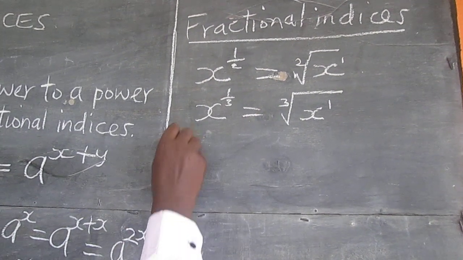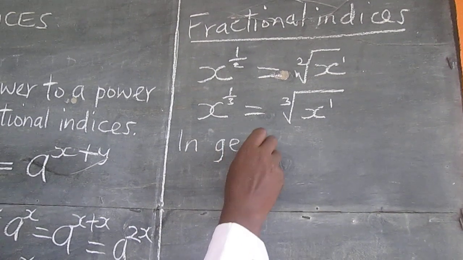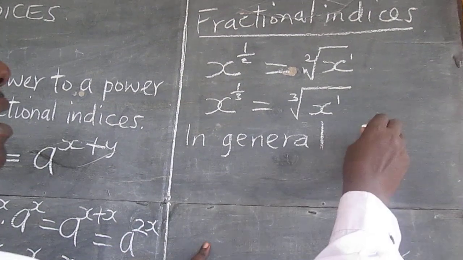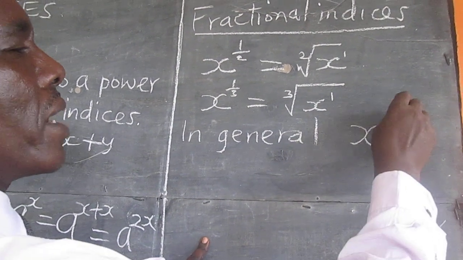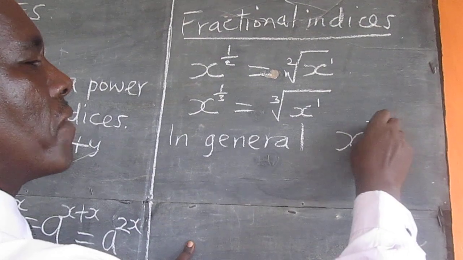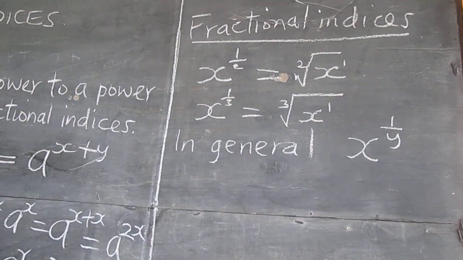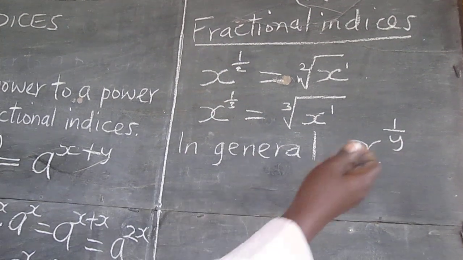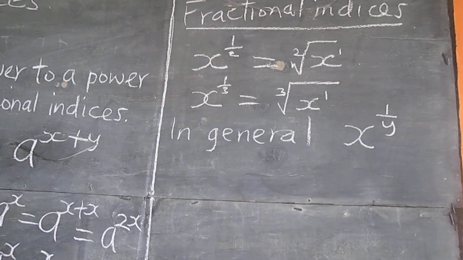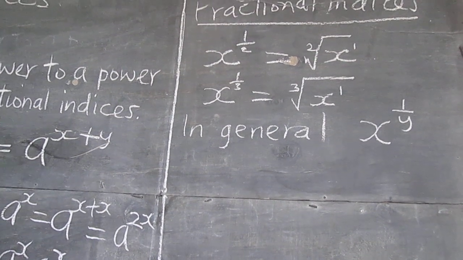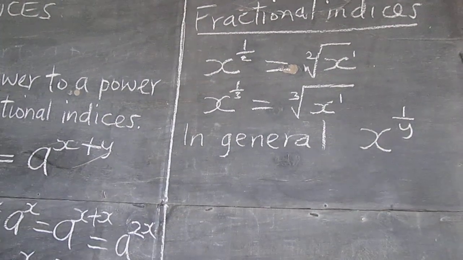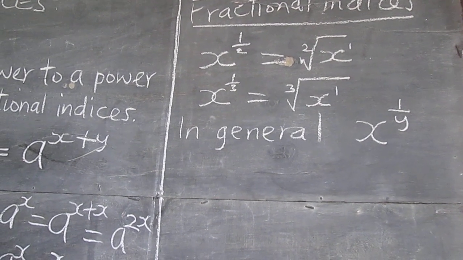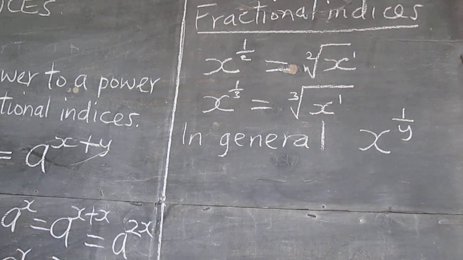In general, whenever we have x raised to the power of 1 over y, from these two, we can see that y represents the root, and the numerator here, which in this case is 1, represents the power to which x is raised.